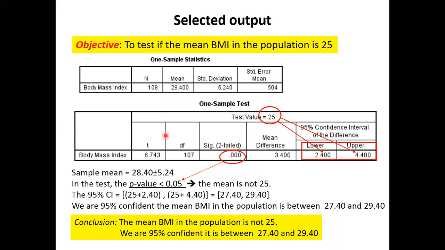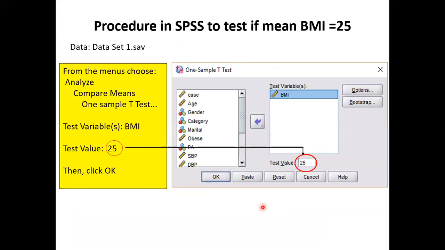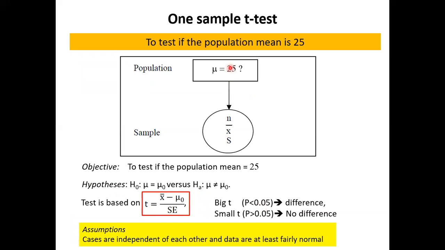So look at the t-value. The t-value is far from 0. Therefore, p is small. P small means there is a difference. The mean is not 25. In this case, we reject H null and accept the alternative. And then construct the confidence interval. So this is only for testing a population mean, only one mean, one population.